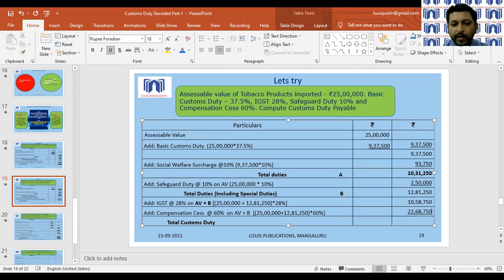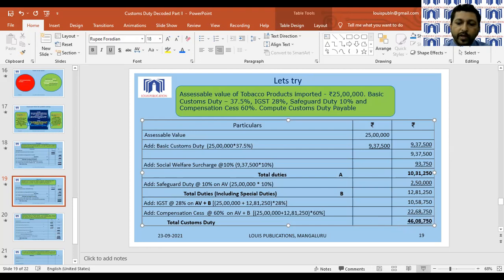68,750. 22 lakh 68,750. So when I add up all these numbers, 12 lakh 81,250, 10 lakh 58,750 and 22 lakh 68,750, I'll just do the addition. 12 lakh 81,250 will give you 46 lakh 8,750. 46 lakh 8,750.